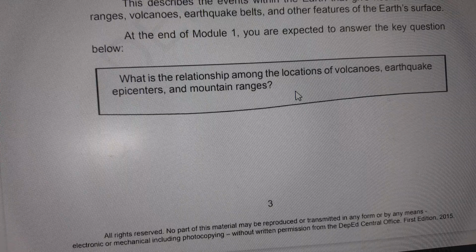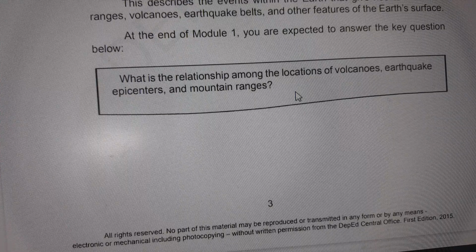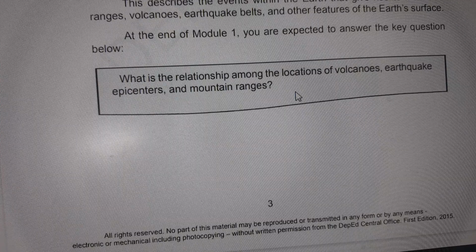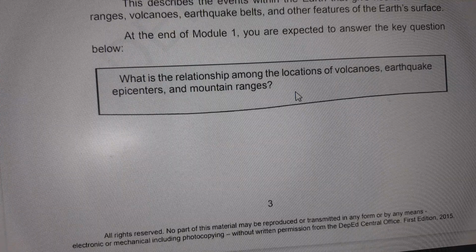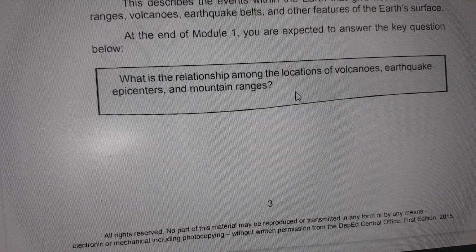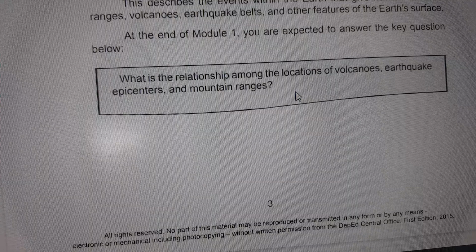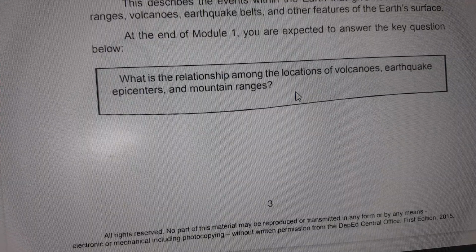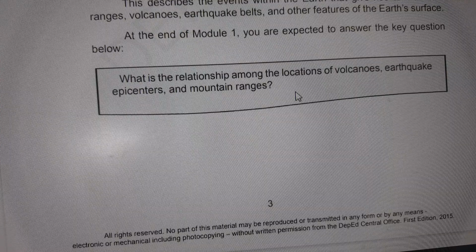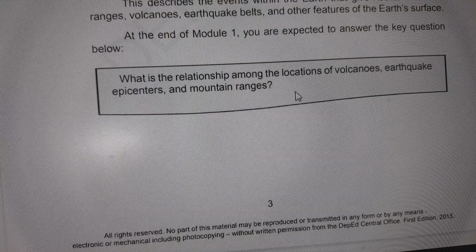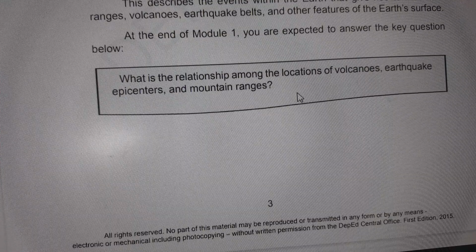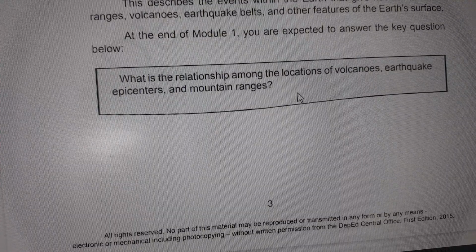Ano yung relasyon ng apat na to when it comes to their locations? The epicenter is the center of the earthquake, the location where it originated, as well as the mountain ranges.